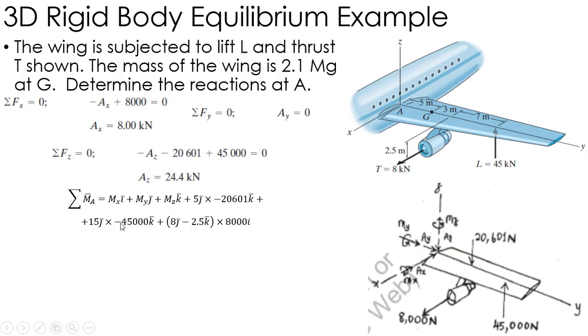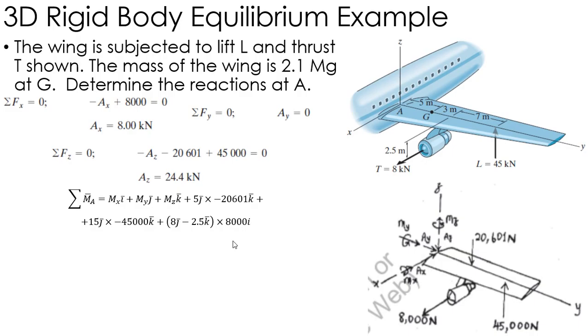That should actually be a positive. I'm sorry about that, a little bit of a typo. Then I have the 8,000 thrust, which is going to be 8J negative 2.5 K crossed with the 8,000 newtons in the I direction. So I've got all of those values right there.